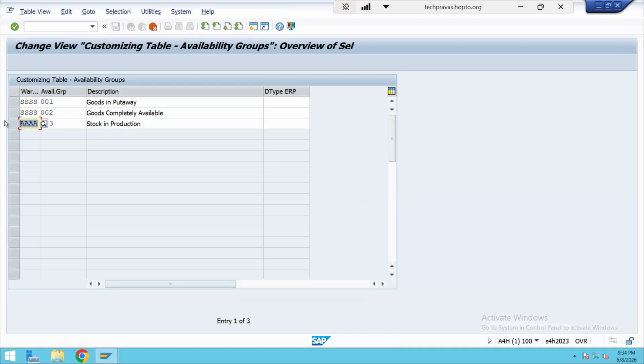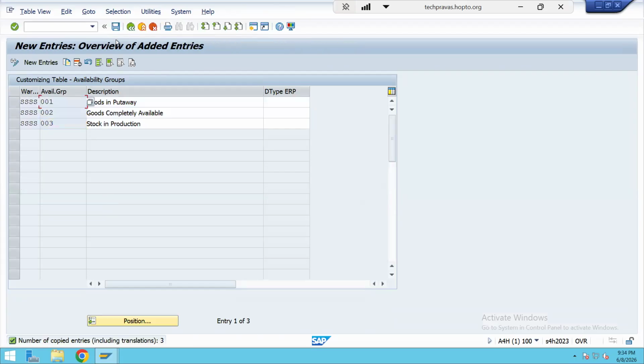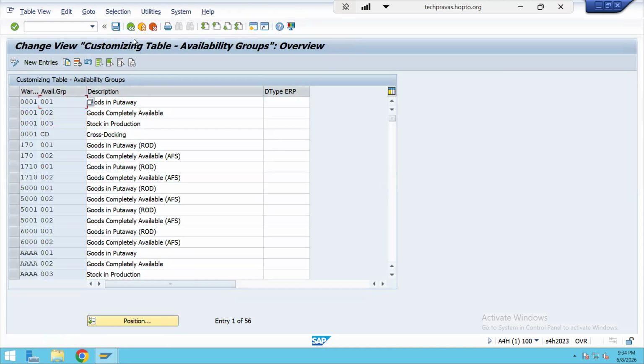Normally in an implementation project, they will create manually instead of copying, or is there any standard for availability group 0001? In a greenfield implementation, you have no data and no reference, so you will take the standard, which is 0001.